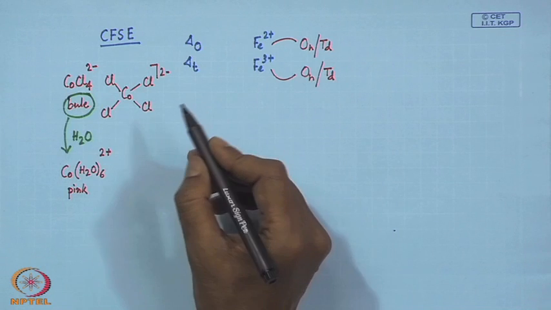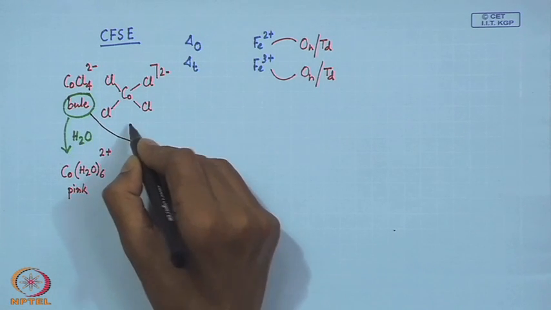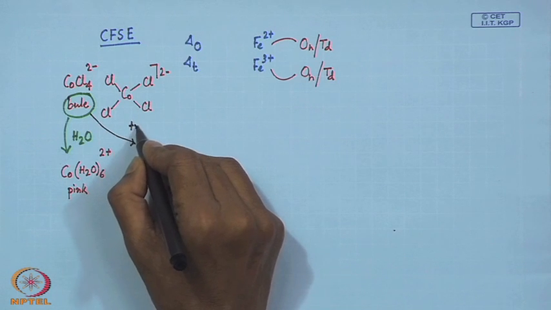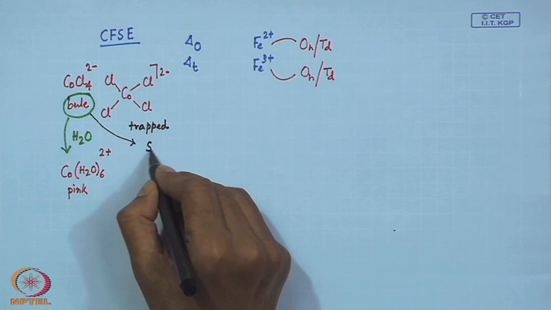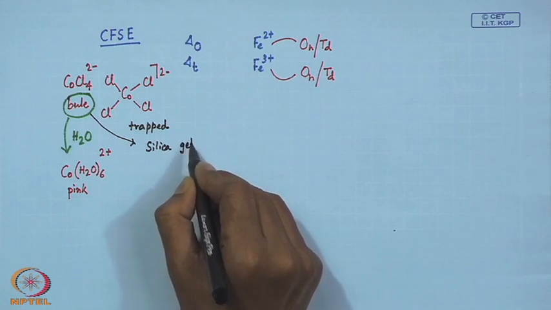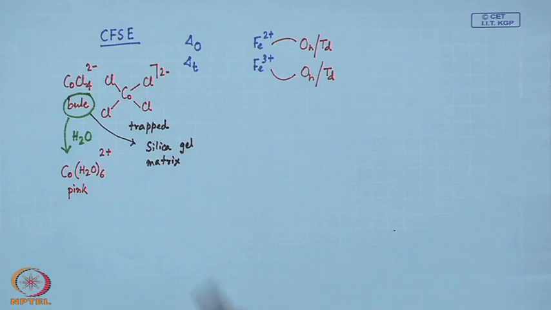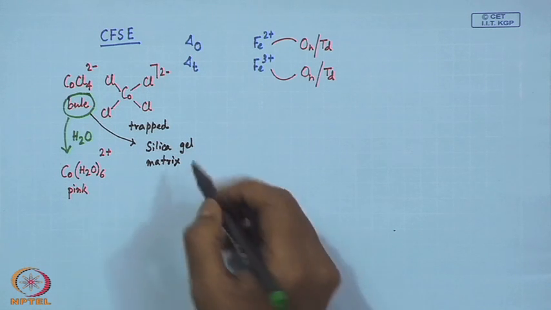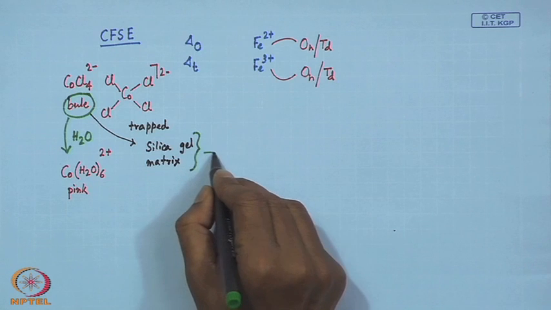So, this tetrachlorocobaltate can be trapped. It is possible to trap it within a silica gel matrix to get the corresponding dehydrating agent which is self indicating.